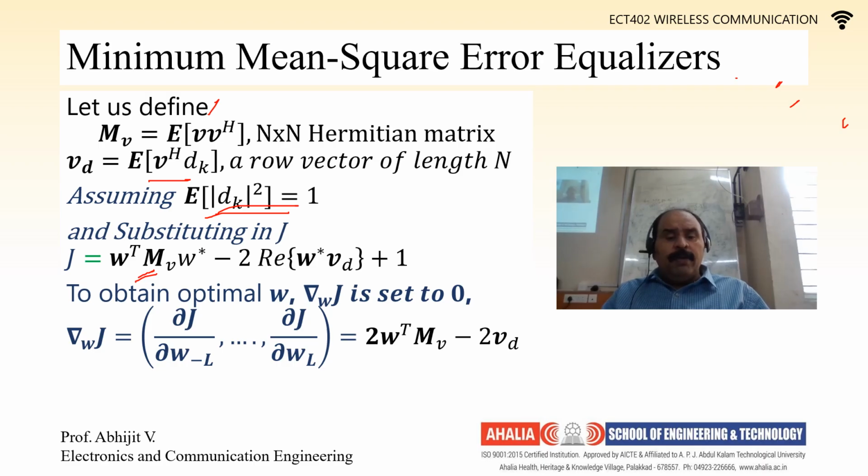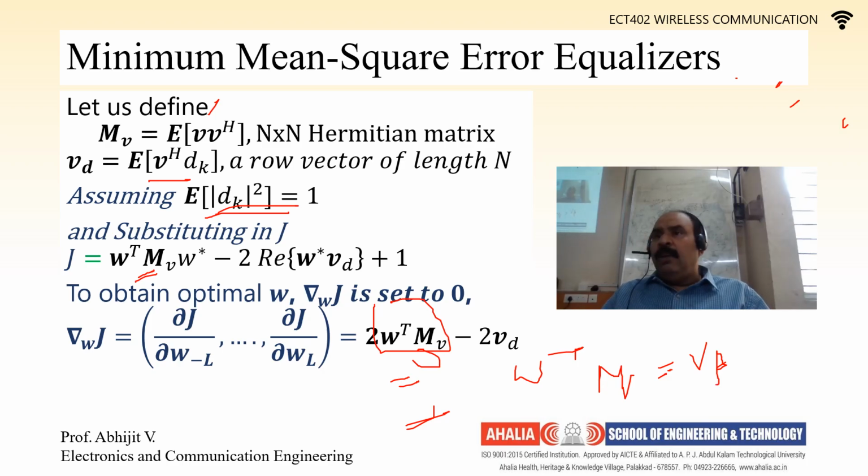In that case, what will we get? We'll get W transpose MV is equal to VD, right? When we set this to 0, you will get this value, right? Yes or no? So here you are able to find the optimal value of W.